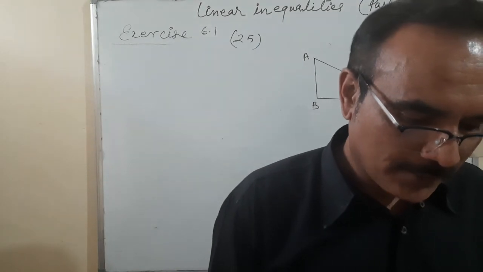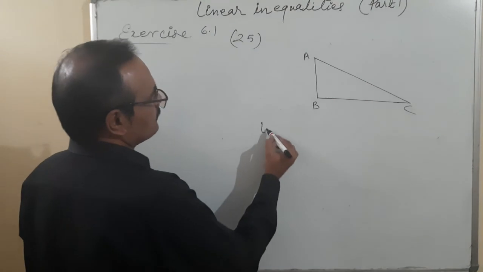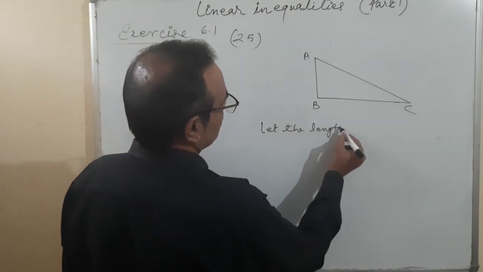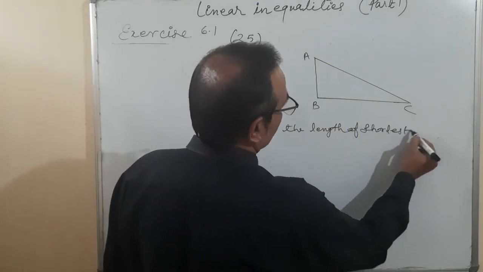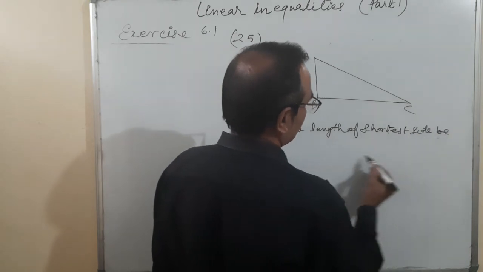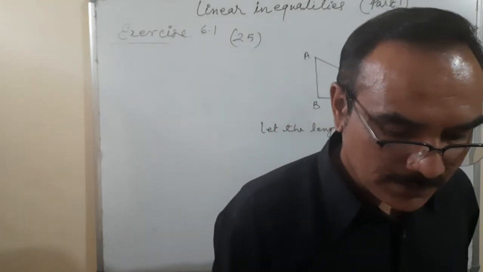The longest side of the triangle is 3 times the shortest side. Let the length of the shortest side be x, in any unit.